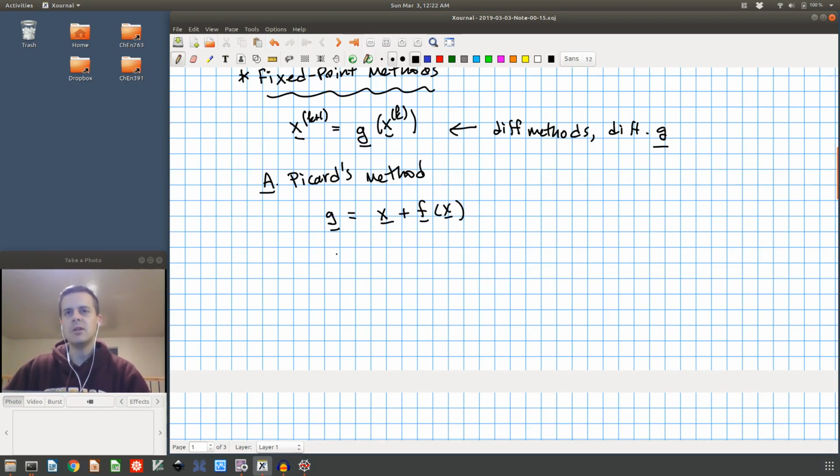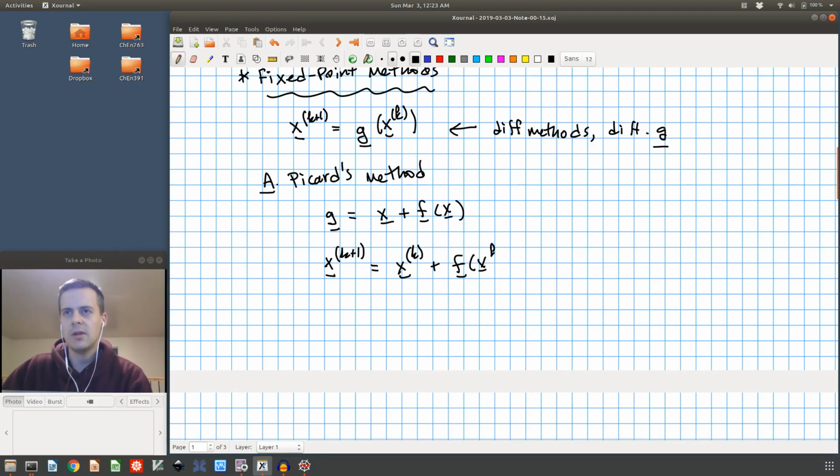It's the same thing, except now these are all vectors. So we go through, now we have x at k plus 1. If I just plug it in, I get that x at k plus 1 is x at k plus f of x at k.